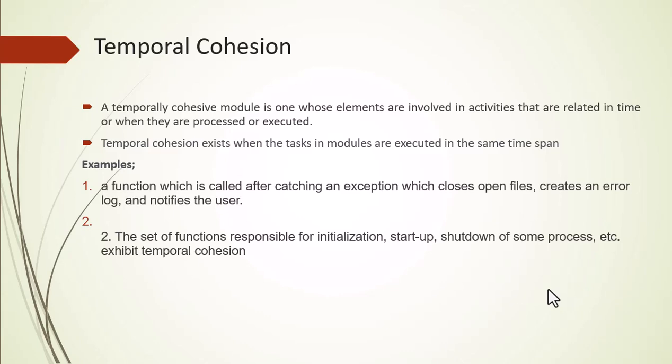The second example is the set of functions responsible for initialization, startup, and shutdown of some process, etc. So when you start up some program, or shut down some process, a set of functions are called, and they are called again when we need it.